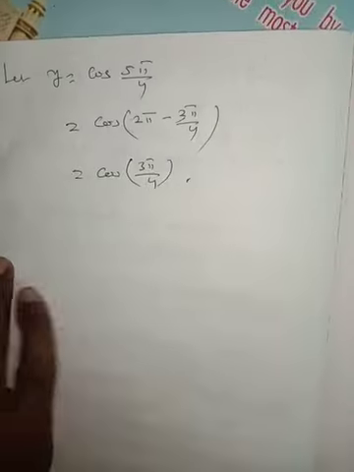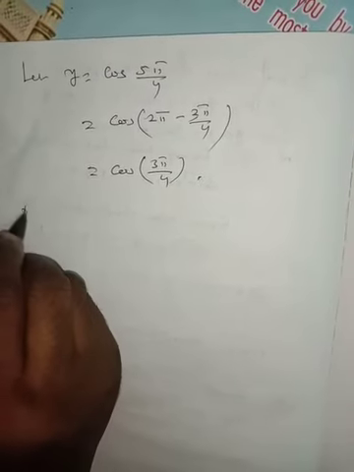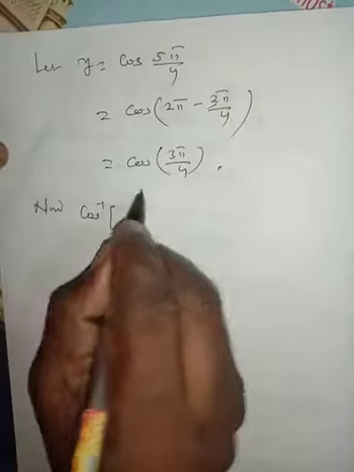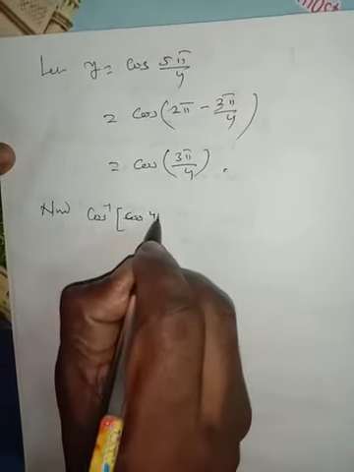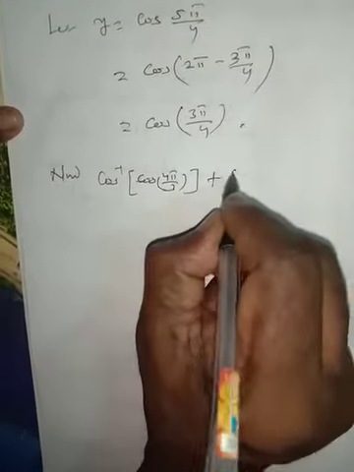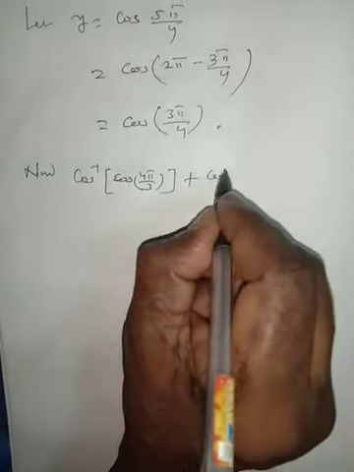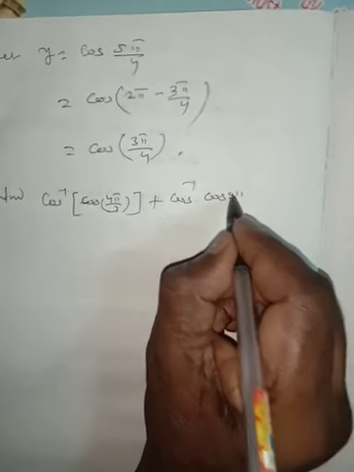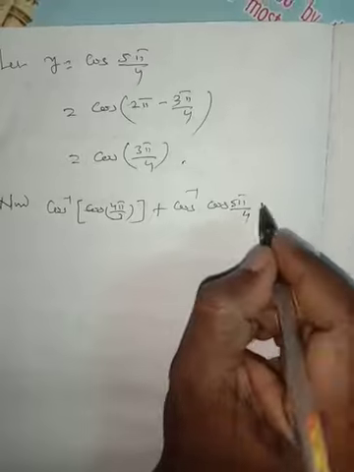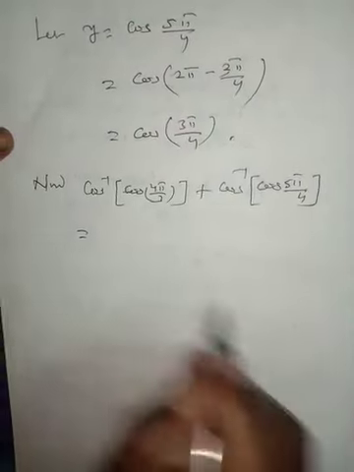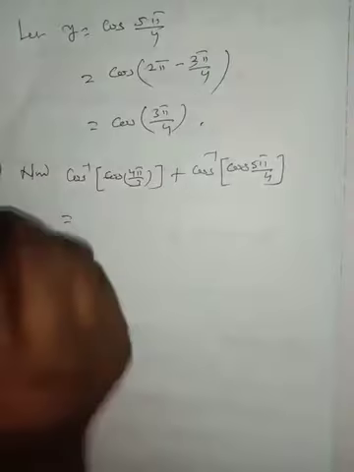Now cos inverse of cos 4 pi by 3 plus cos inverse of cos 5 pi by 4 is: first part fully.